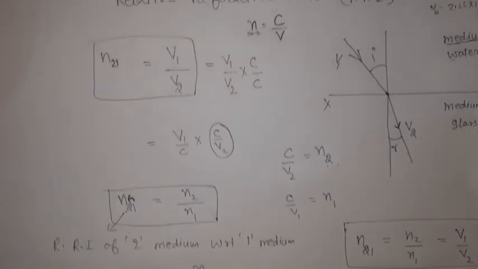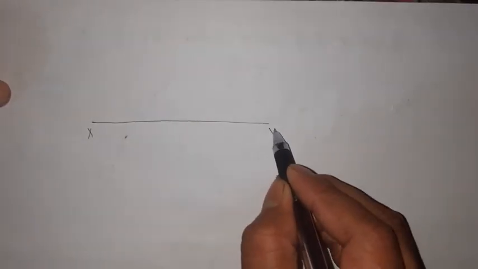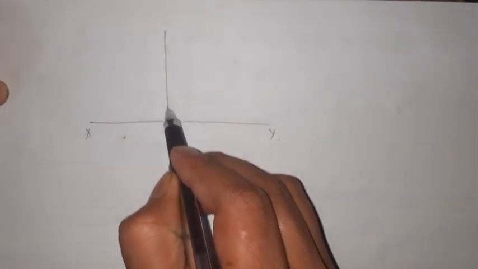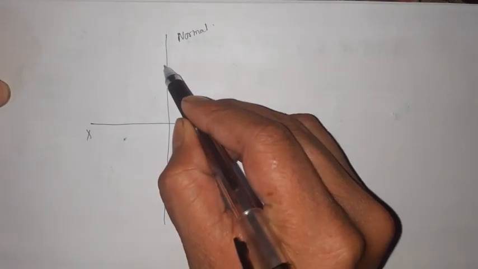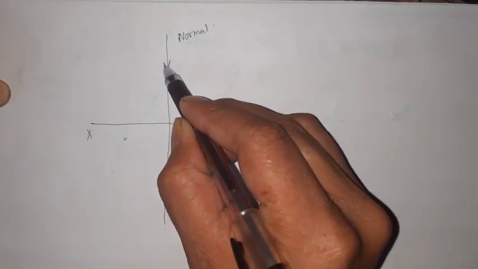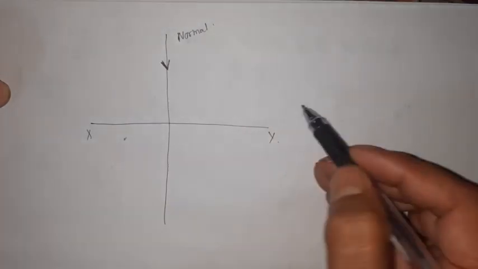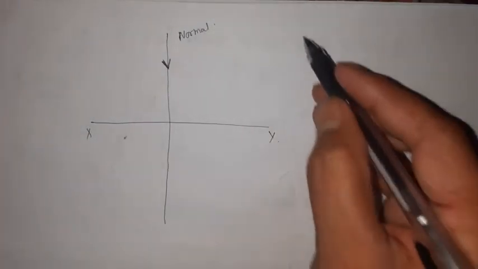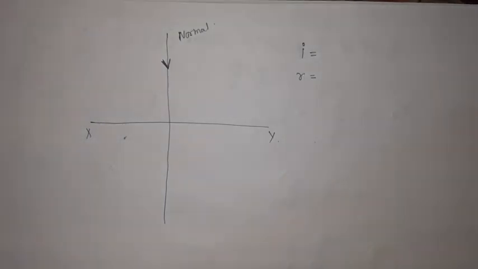Okay, now let us learn one more term over here, student. I am going to suppose that this is the interface, and here it is the normal. Okay, this is what it is, normal. Now if a ray is going to fall along the normal, there is this ray, so it is falling along the normal. Okay, so what is the incidence angle and what will be the angle of refraction for this? Okay, what will be the angle of incidence and angle of refraction for this?